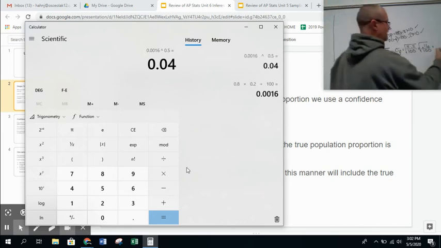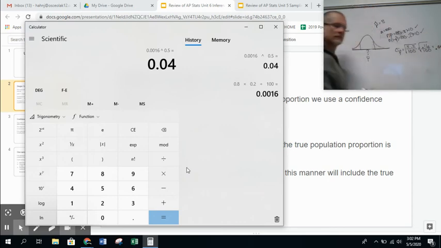So this is 0.04. That means this spot right here is p plus 0.04, and this is p minus 0.04. We know those two locations. Now, inside these two values, we know that's about 68% of the data.